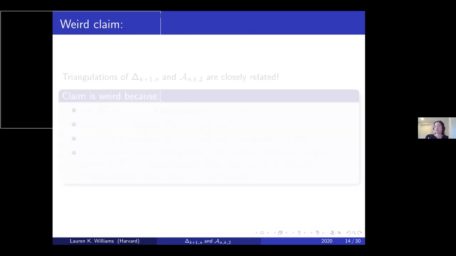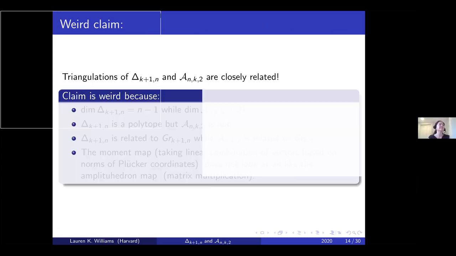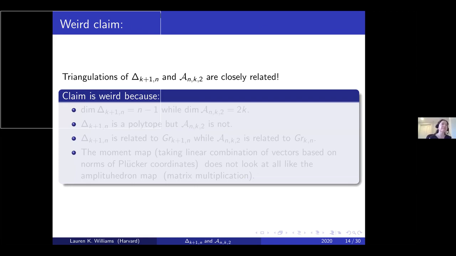Okay, so now I want to make this very weird and unexpected claim, which is that the triangulations of the hypersimplex Δ_{k+1,n} and the amplituhedron A_{n,k,2} are closely related. And let me just explain why this claim is weird. It's weird because the dimensions of the two geometric objects are different. The dimension of the hypersimplex is n-1, while the dimension of the amplituhedron is 2k.